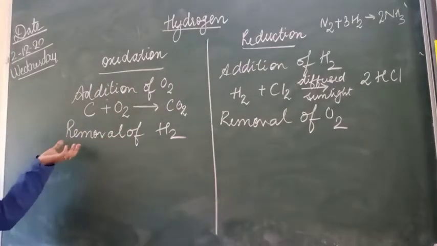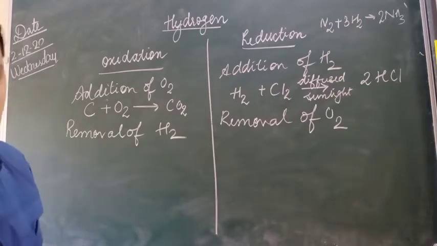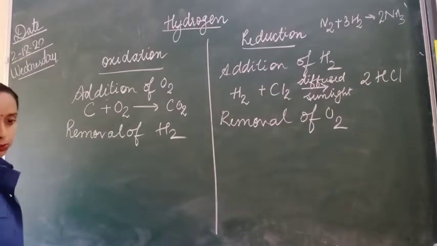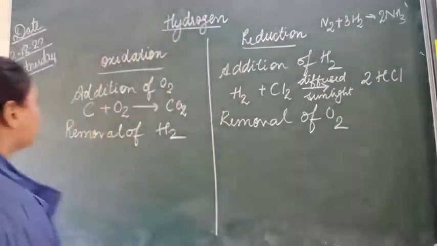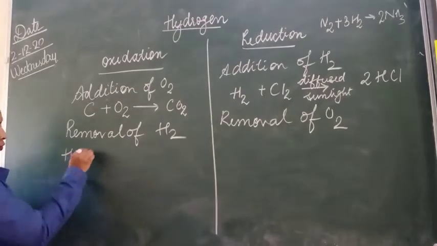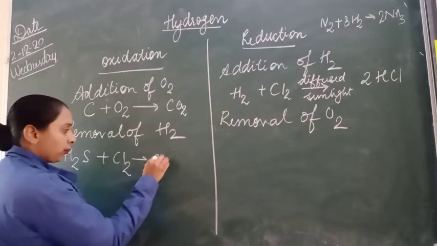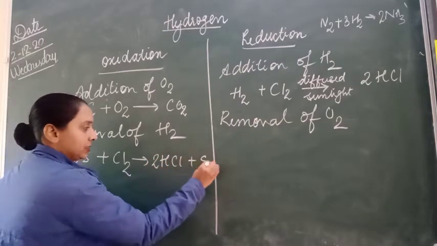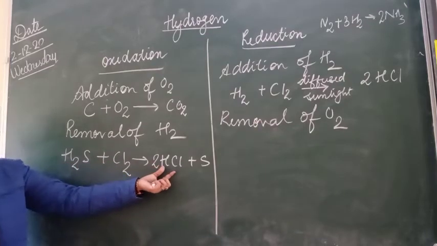Now let us take the further example, removal of hydrogen. Any one reaction you can tell me where the removal of hydrogen is taking place? Any one reaction? See here, according to the textbook, for removal of hydrogen, H2S reacts with chlorine, and here what is this forming? 2HCl plus S. Now you will say, miss, here addition is happening, right?